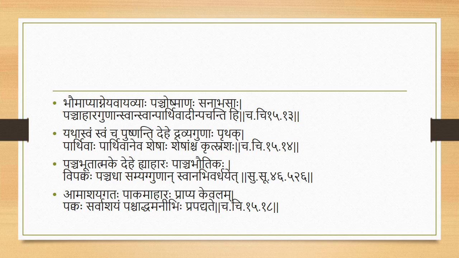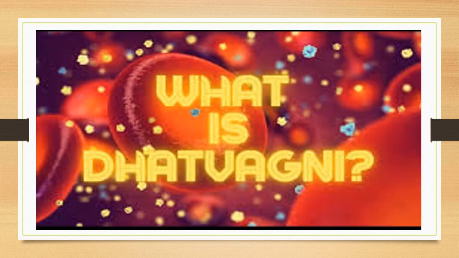The same rule is applicable to the whole body. Rakta Dhatu is nourished by the Agneya and Apya entities, and Asthi Dhatu is nourished by the Bhauma and Apya Mahabhuta. So that is about the Bhutagni Pak.